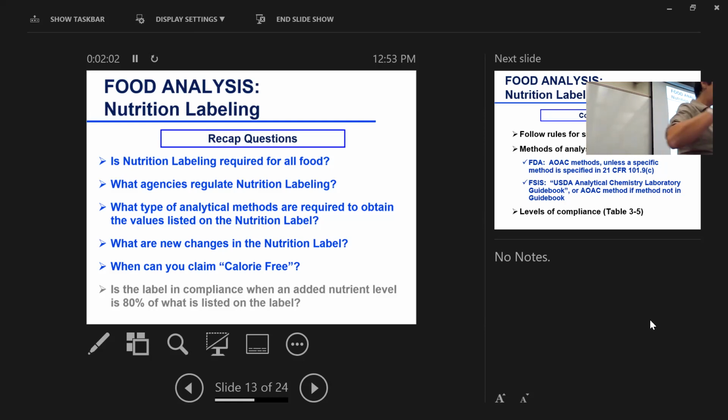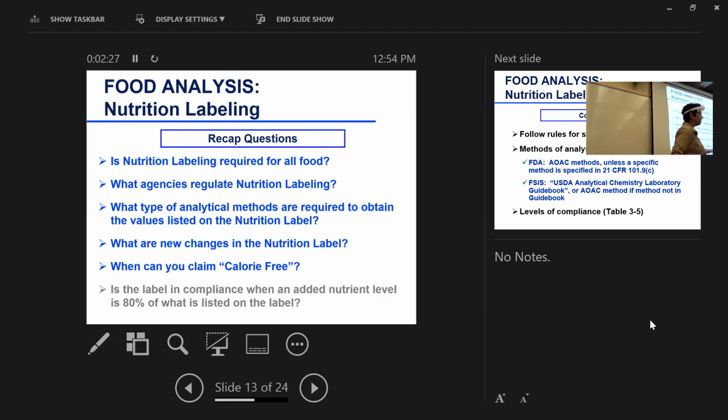Remember the terms: primary methods, official methods, reference methods. These mean the same thing. Secondary methods are fast methods that are calibrated based on primary methods. That's why they're called secondary methods. So we cannot use secondary methods for nutrition labeling.